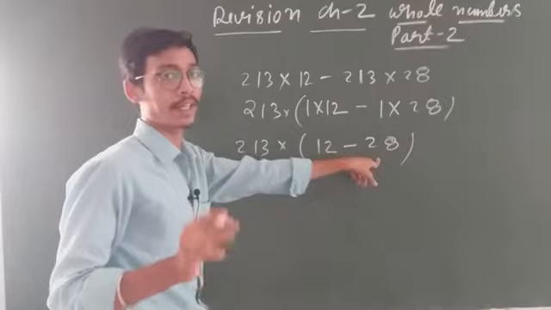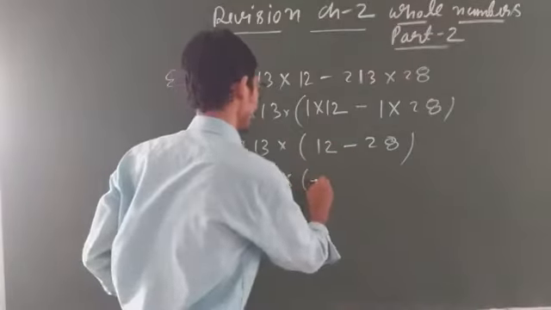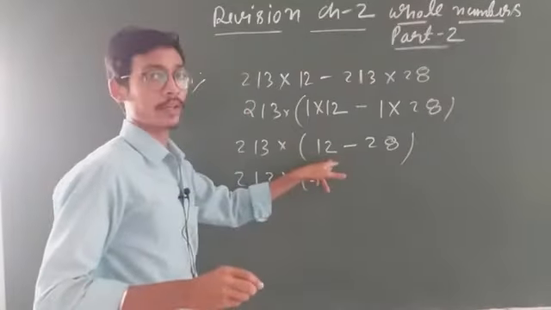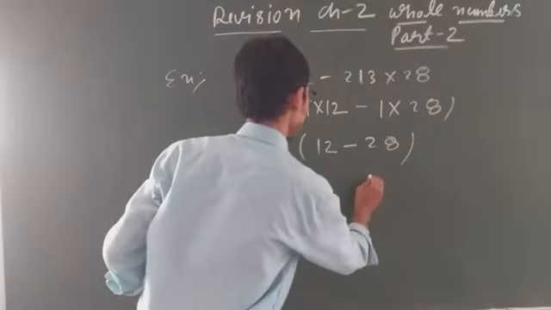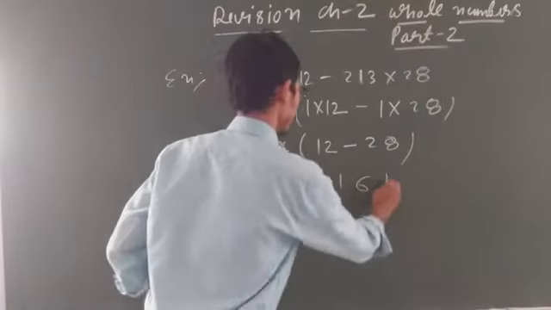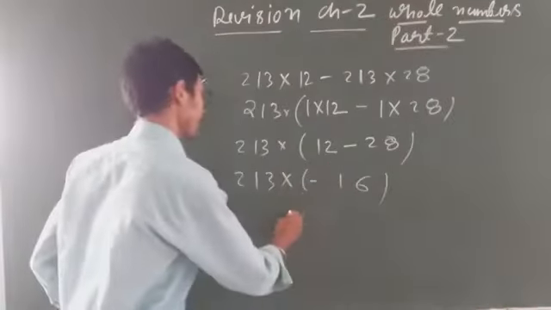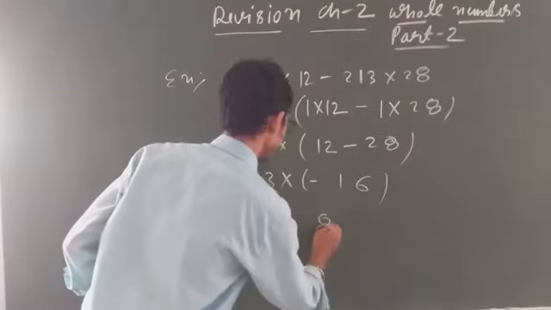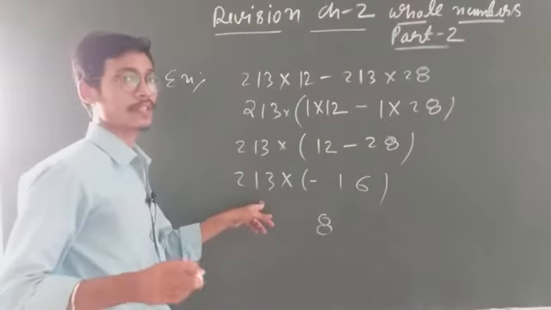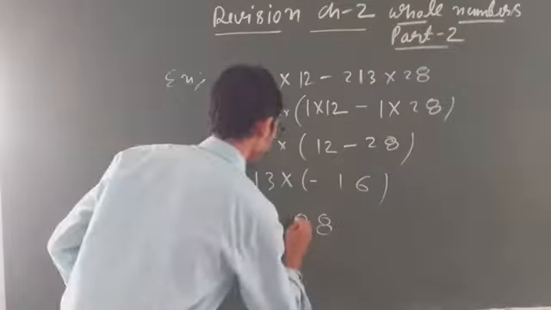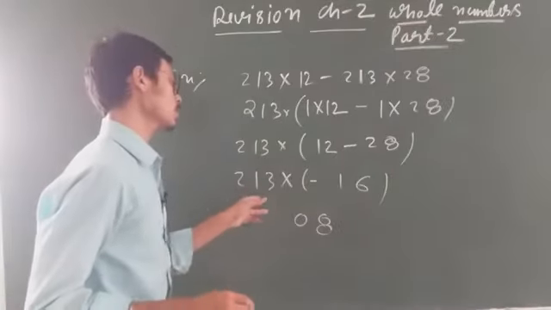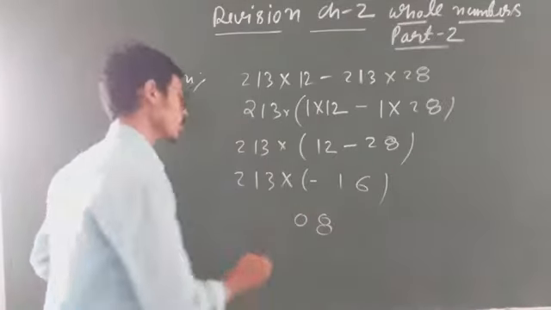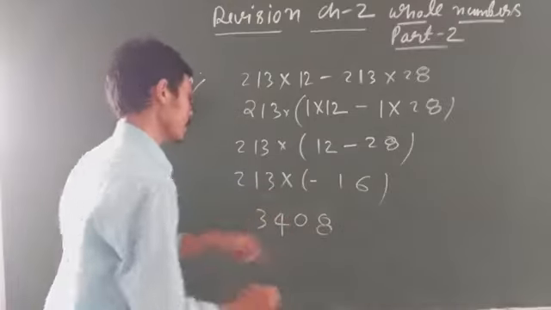So 28 has a negative sign, so the sign will be negative, and 28 minus 12: 8 minus 2 is 6, 2 minus 1 is 1. Clear? Now multiply this. 16 3s are 48, 16 1s are 16, 16 plus 4 is 20, 0 carry 2, 16 2s are 32, 32 plus 2 is 34, and this minus sign.